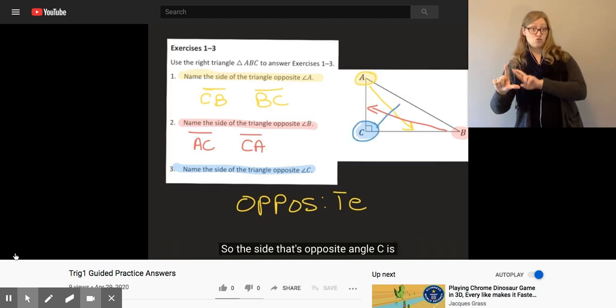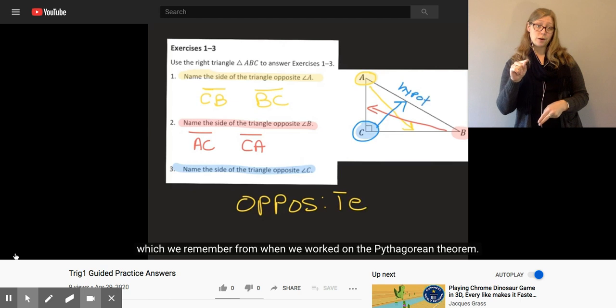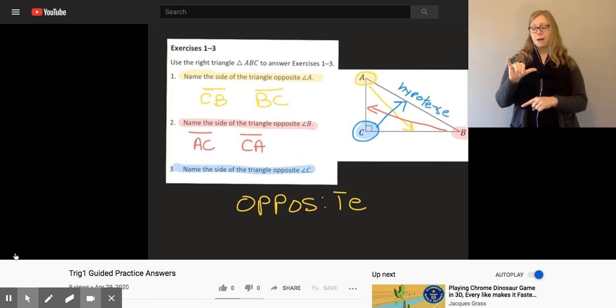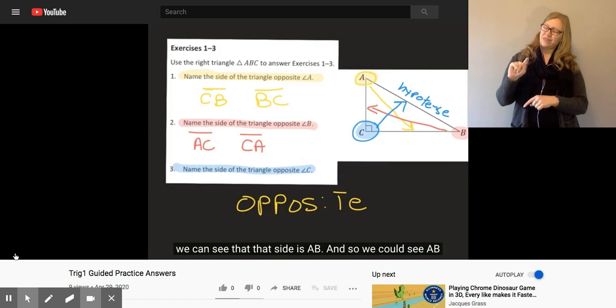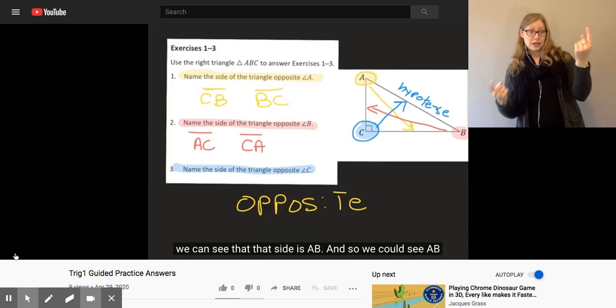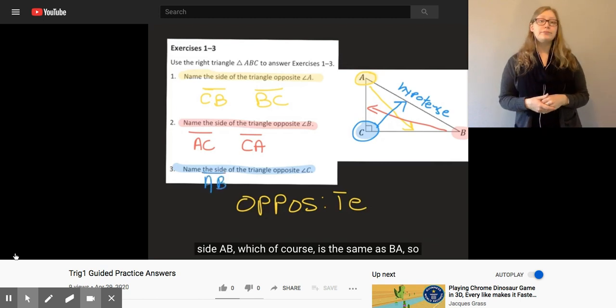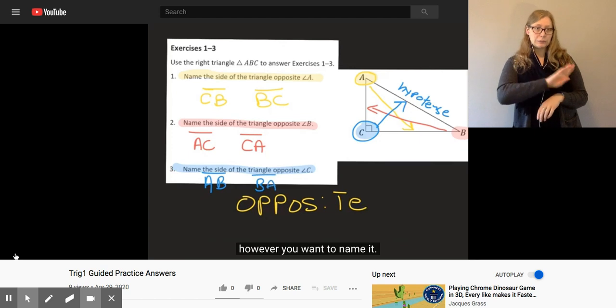So the side that's opposite angle C is also known as the hypotenuse, which we remember from when we worked on the Pythagorean theorem. And of course, we can see that that side is AB, which of course is the same as BA. So however you want to name it.